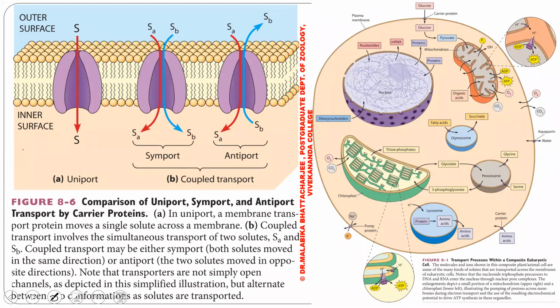So this is what we have discussed till now: the uniport and the coupled transport, symport and antiport. And if you look into the picture on the right, this is a picture to show you how many categories of transport are constantly occurring within the cell. If I think of a cell as a functional machinery, you can see there is simple diffusion occurring there.